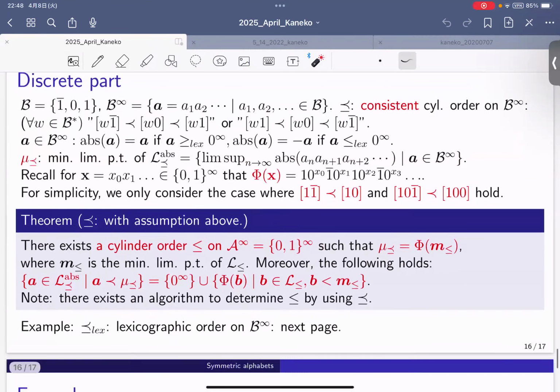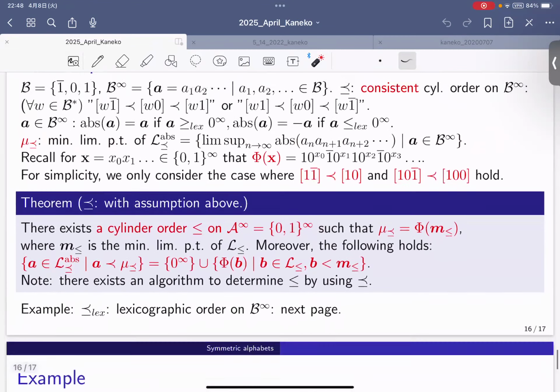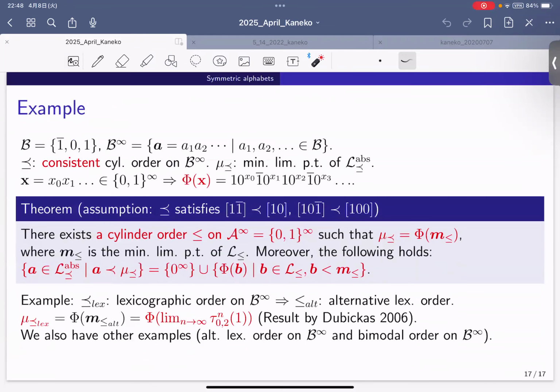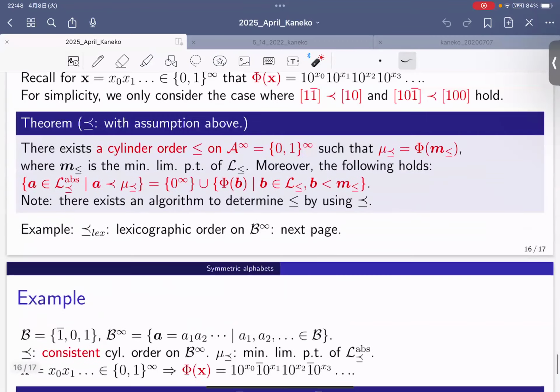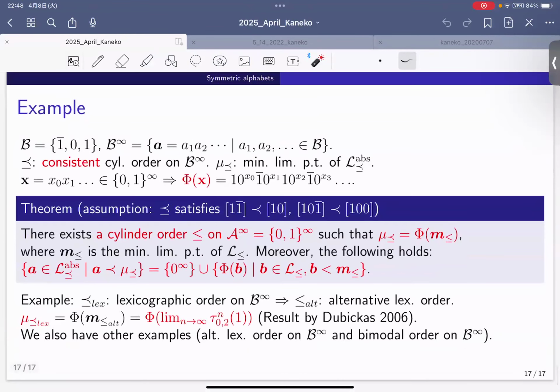So I would like to explain the examples of this theorem. In the case where this one is the original lexicographical order, by this algorithm we can show that this order on 0, 1 infinite is the alternative lexicographical order.